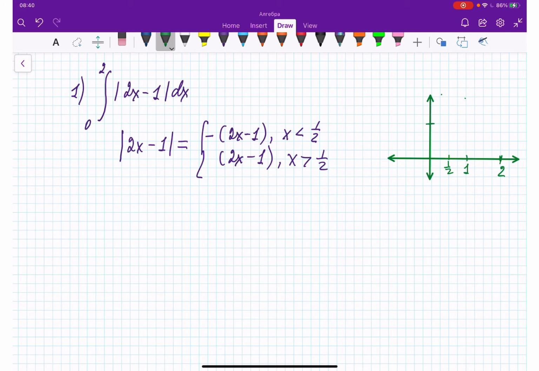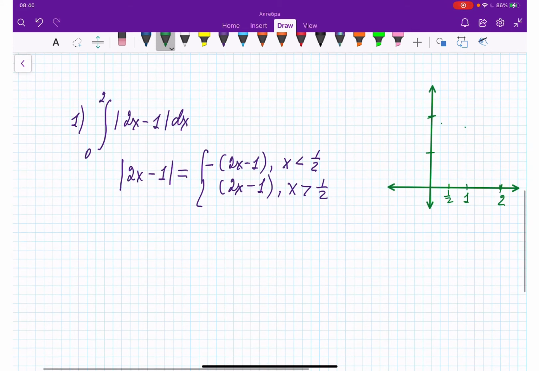This is 1. 2, 3, 4. This is 2. 1, 2, 3, 4. This is going to be 3, it looks like. And our splitting point is 1/2.